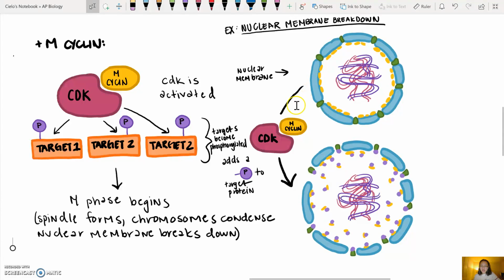The complex will also add phosphates to other target proteins, which can create an action that calls for M phase events.